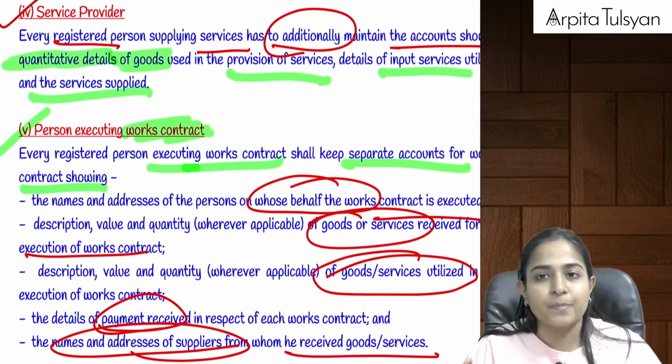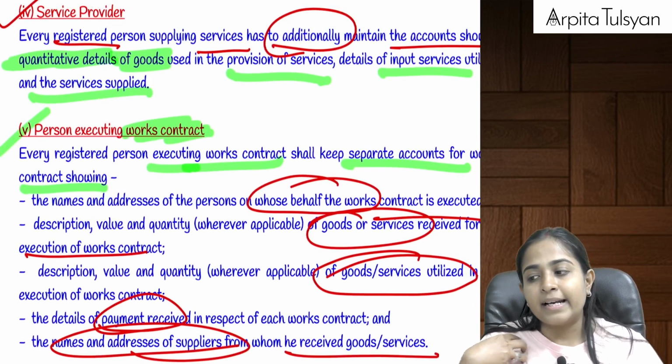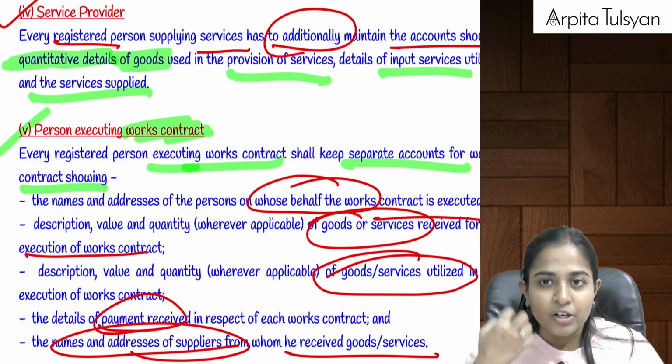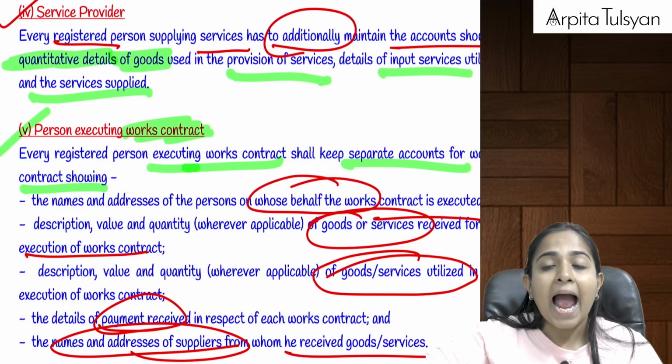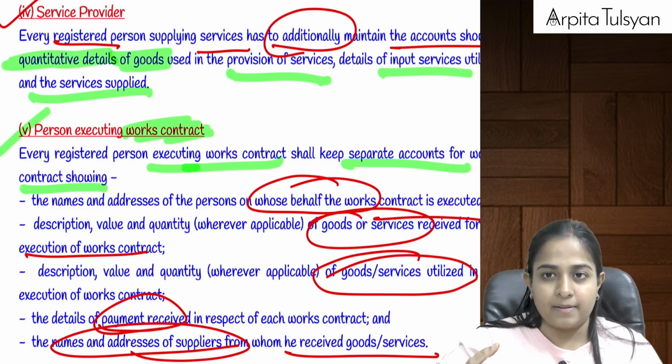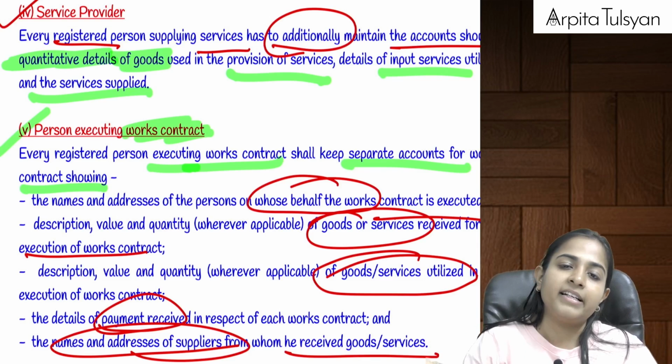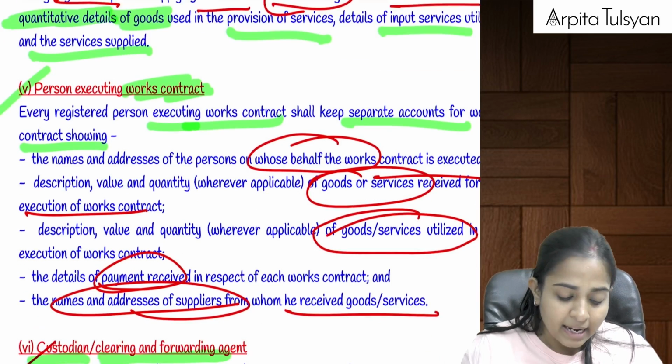Similarly, for a service provider, every service provider is required to maintain the details of inward supplies that he has availed, the details of outward supplies that he has provided, and if he has utilized any goods for providing the services, then the details of those goods are also required to be maintained.